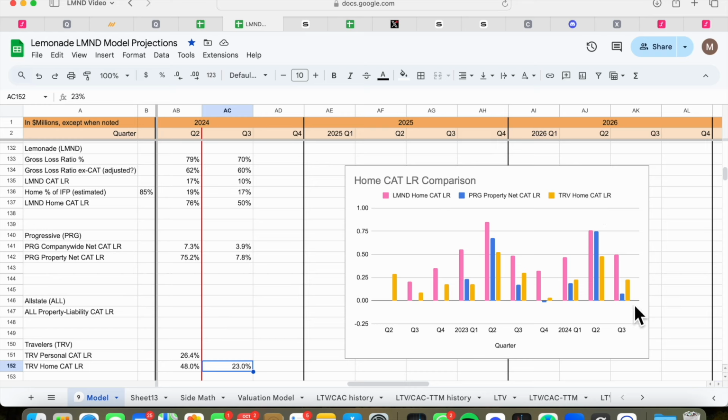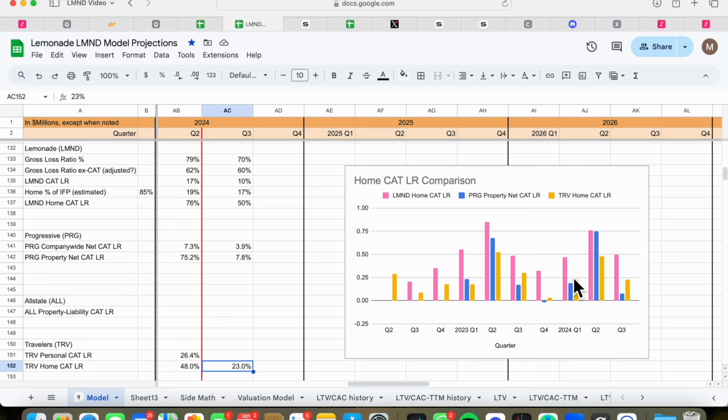This is their catastrophic effect on the loss ratio, and versus where Lemonade's come in, you can see it's not a really bad quarter, Q3, for Travelers or Progressive relative to where some others have been. If I lined up Lemonade in a similar way, you can see there's some correlation, I guess is the point I'm trying to make.